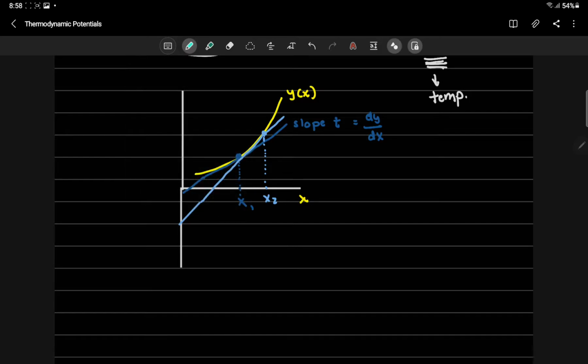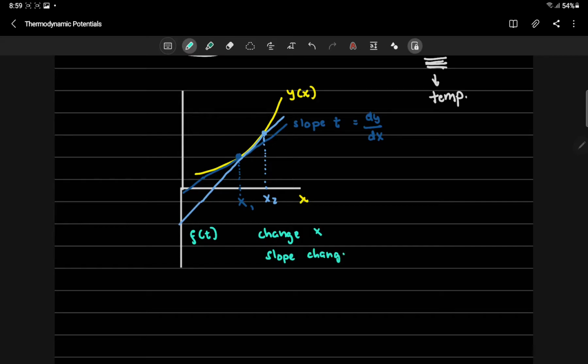Okay. So, this y-intercept, let's call it y, or rather, f of t. Okay, why f of t? Why is the y-intercept a function? Because if you notice, if you change the value of x, the slope will also change.